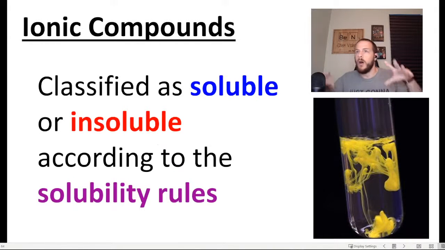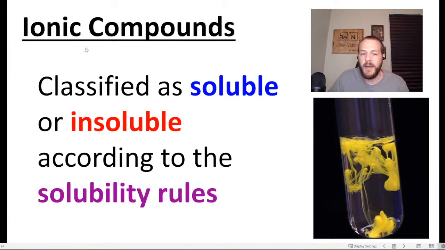So you have all nitrates are soluble, all group 1A metal salts are soluble, all sulfides are insoluble except for this, that, and the other. You have all the rules, you have all the exceptions. But as it turns out, classifying ionic compounds as either soluble or insoluble in this dichotomous way, where it's either this or that, is a bit of an oversimplification.